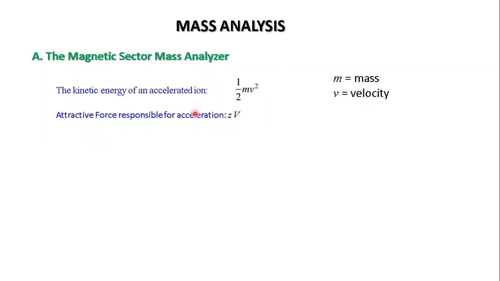If Z is the ion charge and V is the potential difference, the potential gradient applied in the accelerating plate, then Z into V is the work done. So we can say half mv square is equal to ZV. That is the case for the ions we can consider.